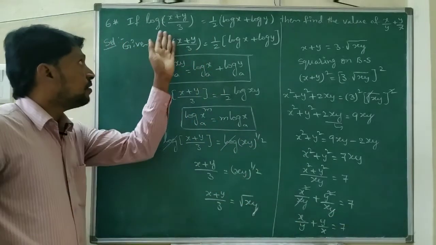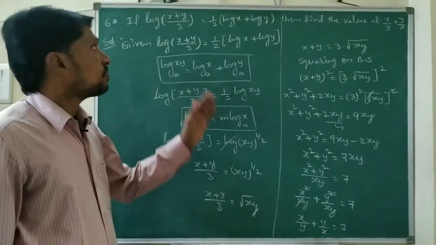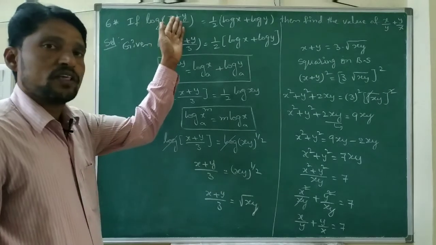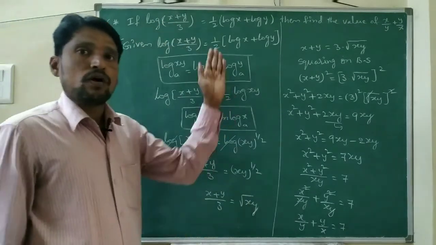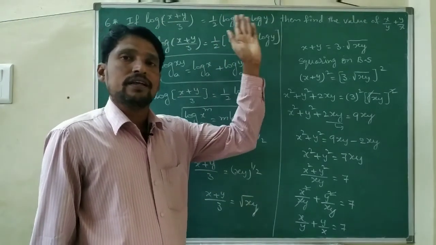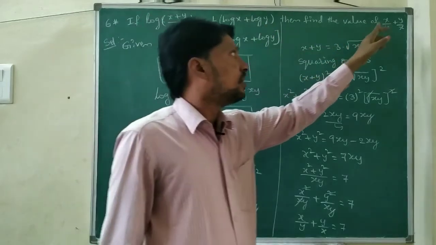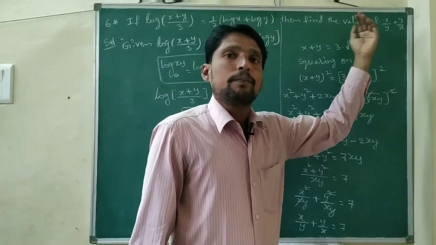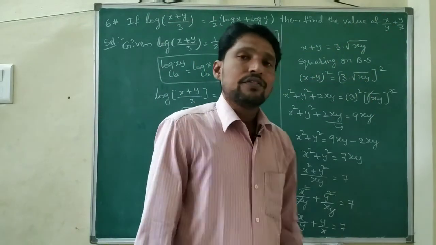Given log of (x plus y) by 3 equals 1 by 2 of (log x plus log y), from this we got the value of x by y plus y by x as 7.